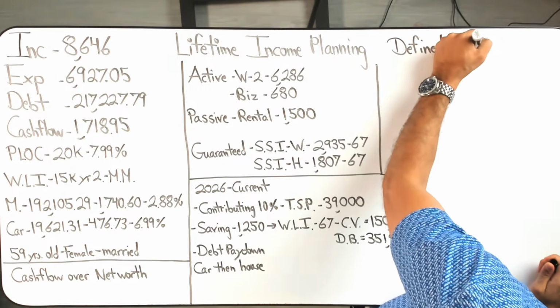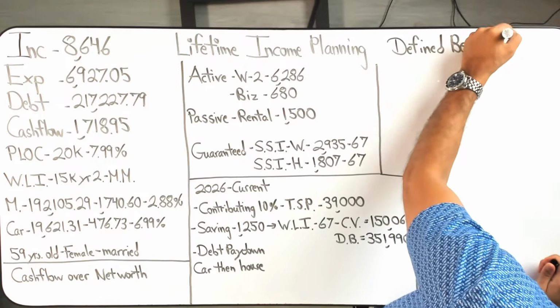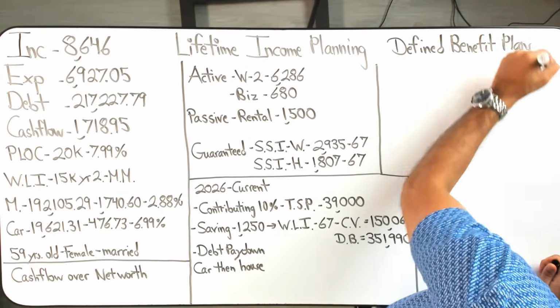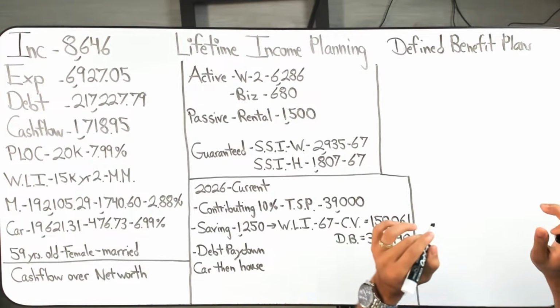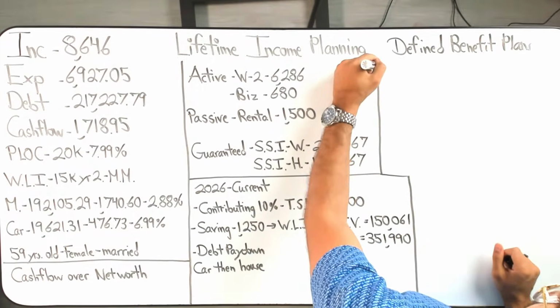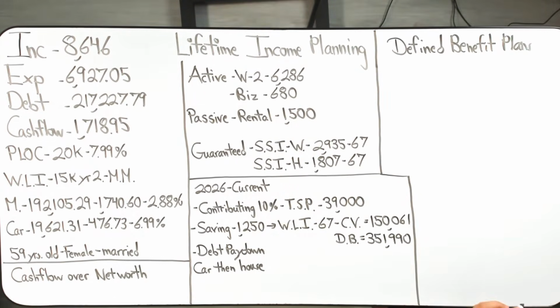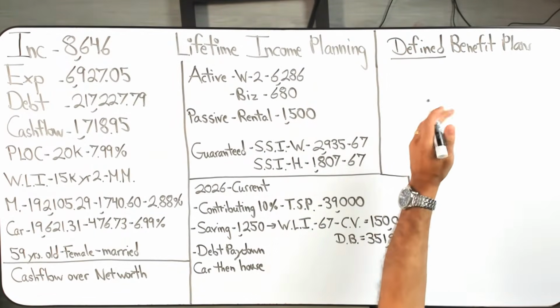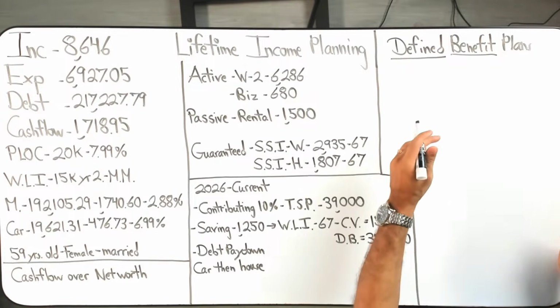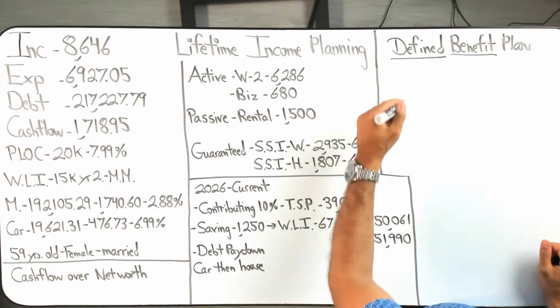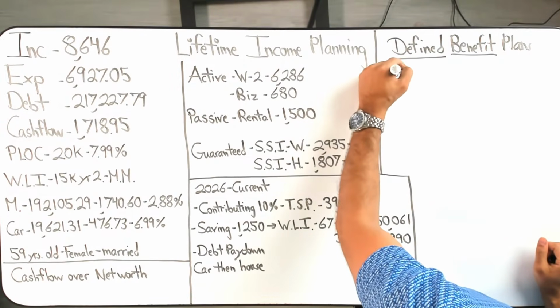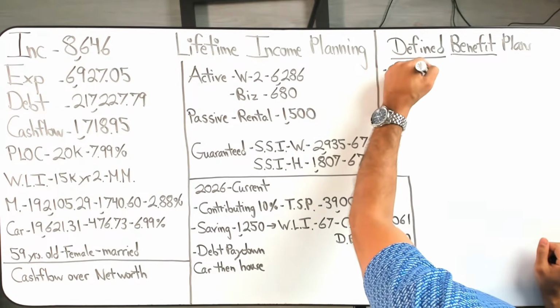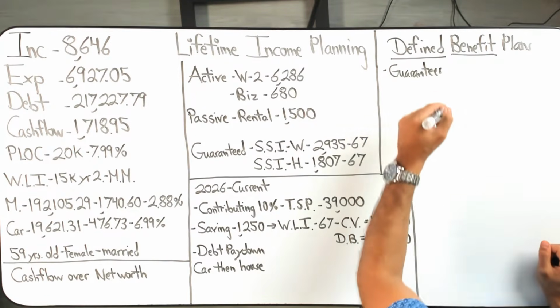This model is proven to work for the vast majority of Americans. Why? Well, defined and benefit in finance terms, you're going to have some level of guarantees.